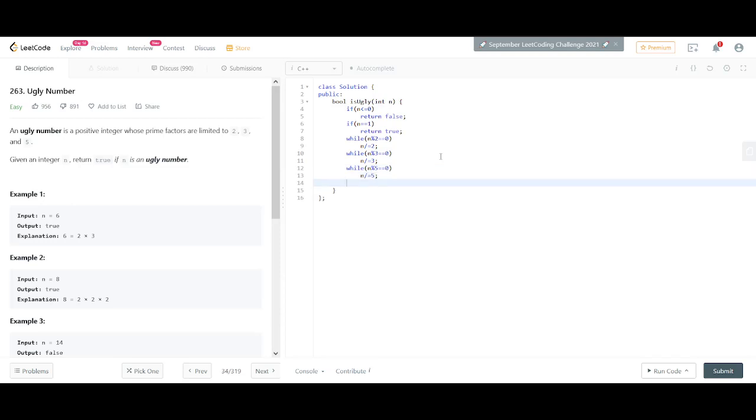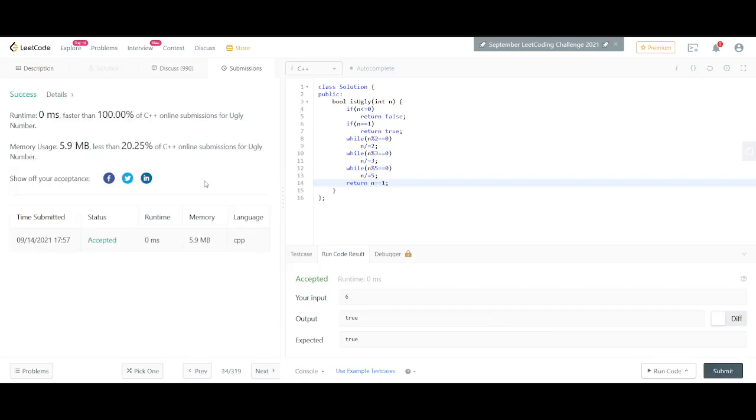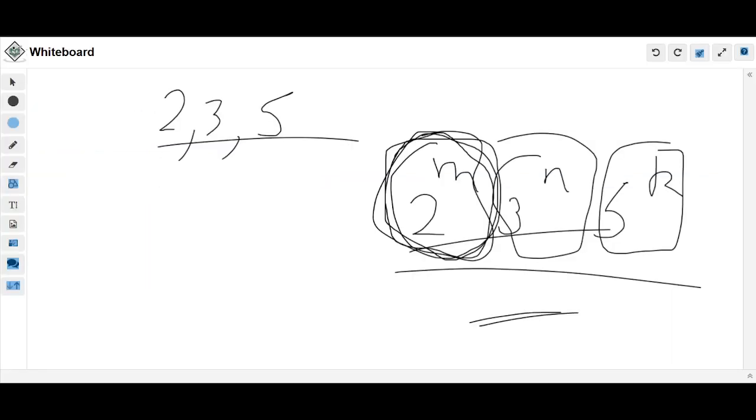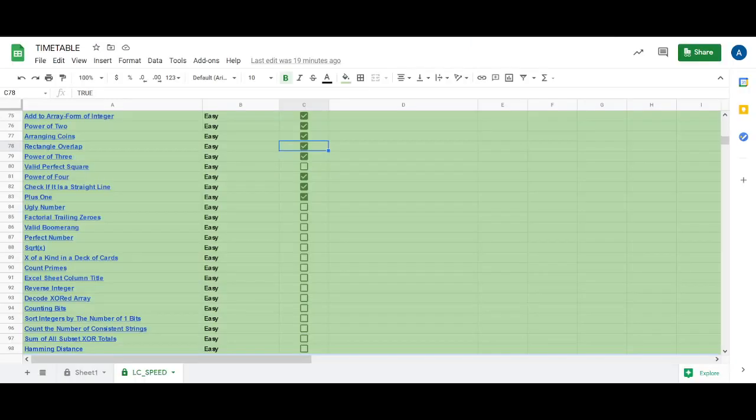Once this happens, we are convinced that all the factors of 2, 3 and 5 are removed, and hence if n equal to 1, then we can clearly say that it was an ugly number. Otherwise, we could say that no, it still has some other factors which are present. That's the question, and submitted. So we could just simply say that it was an easy question.